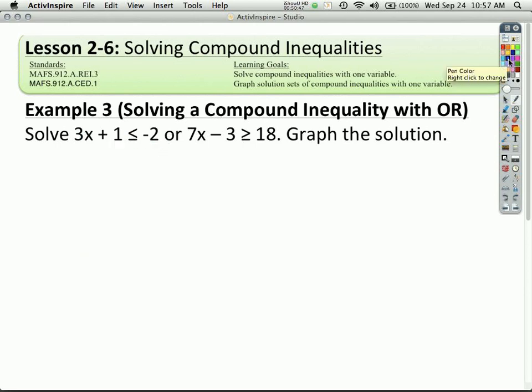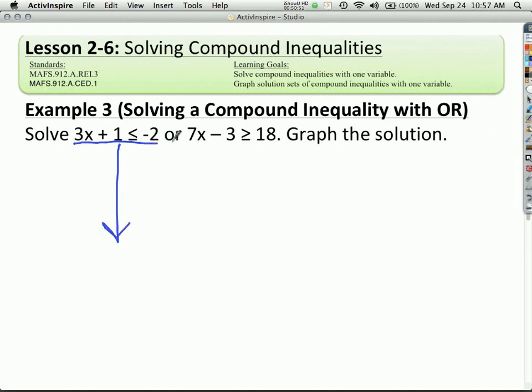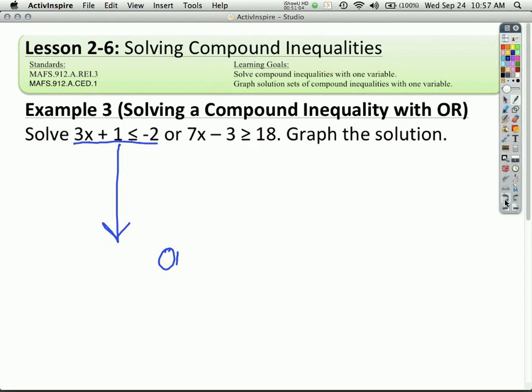We'll take the word or, solve this, and make sure that the smaller number is on the left, and that is it. So, that's no big deal. You already know how to do that.